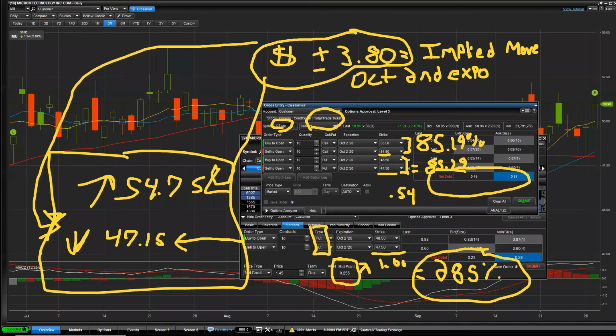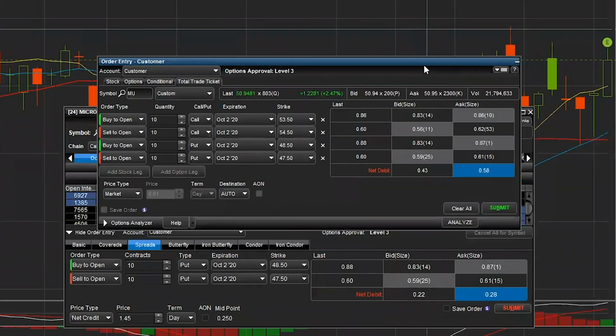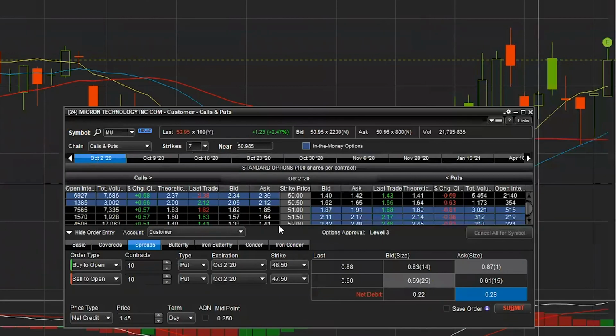And by doing this, looking at the implied move, you're able to see, okay, the regular options for this, let's take a look now. Let's clear that out. The regular options for this are going for, if you pick up the 51 strike, $1.86. So your break even on this is going to be 51, your strike, plus what you're paying, plus 1.84. So your break even's 52.84.